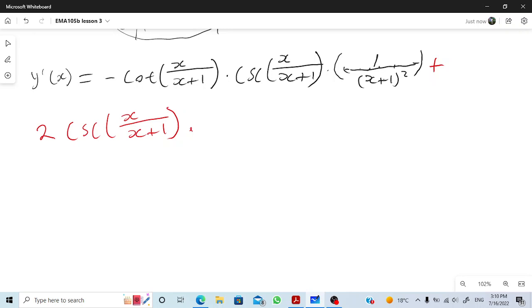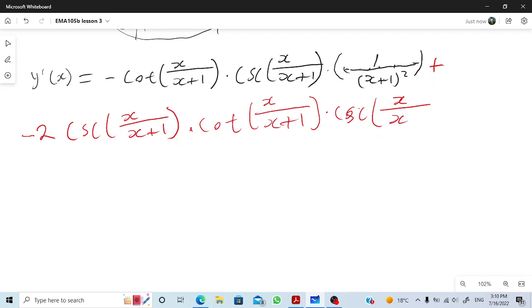So now multiplied by what? Negative cot of x over x plus 1, multiplied again by the cosecant, this is cosecant of x over x plus 1.